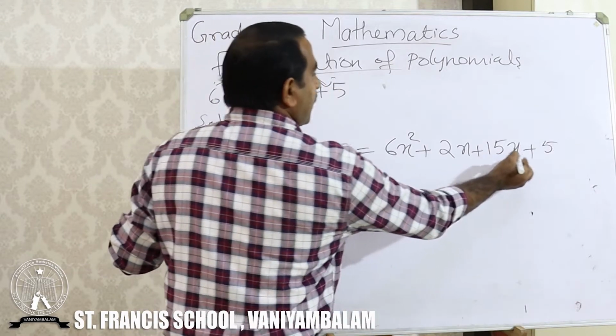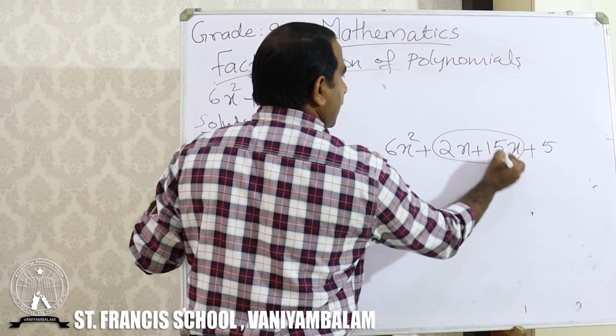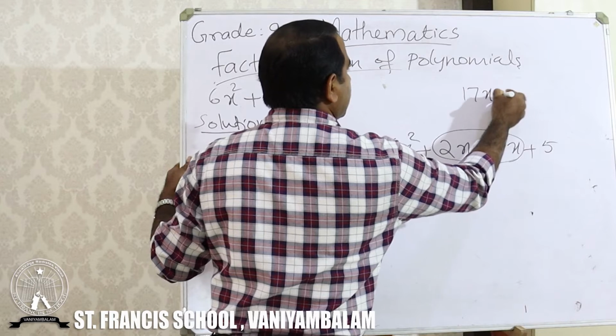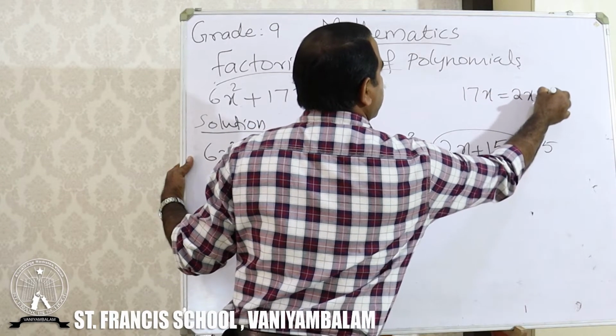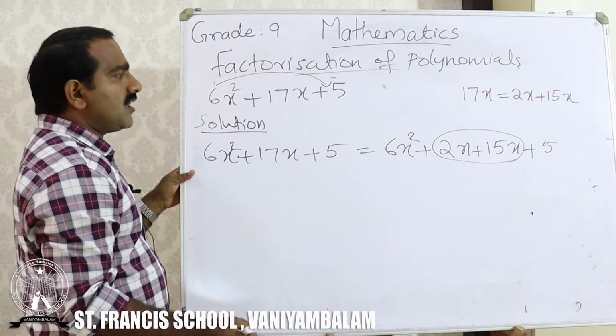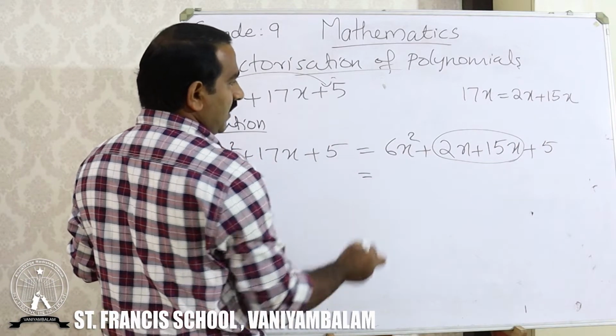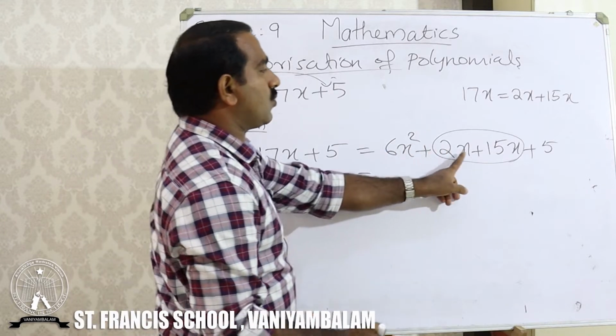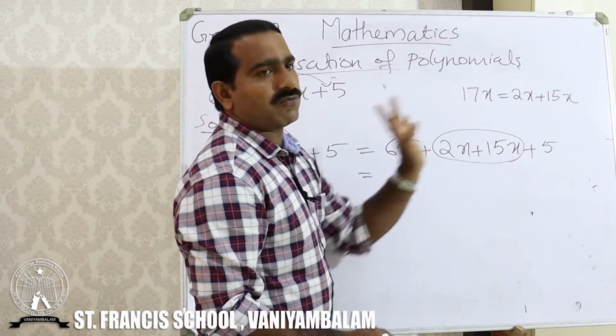The middle term is 17x, which is equal to 2x plus 15x, split the middle term. So it is equal to 6x square plus 2x plus 15x plus 5.